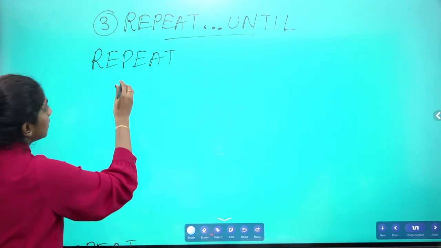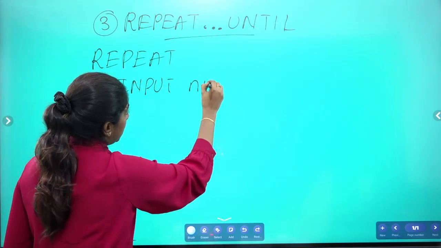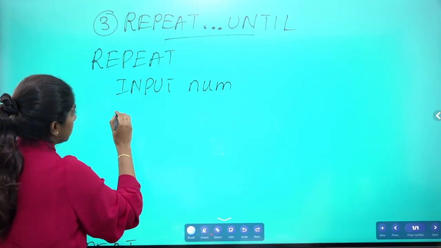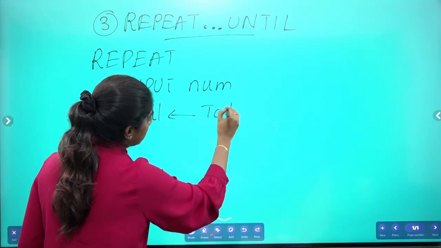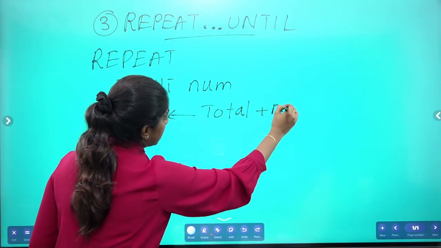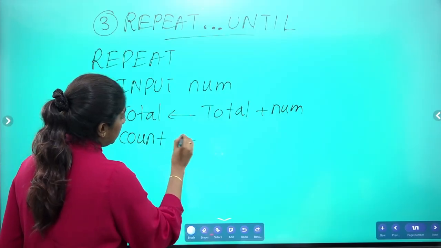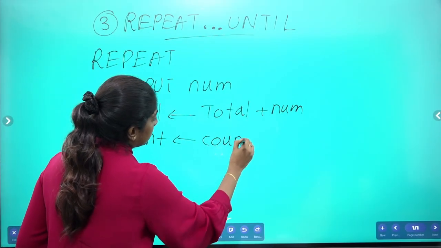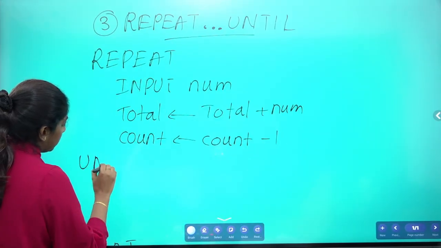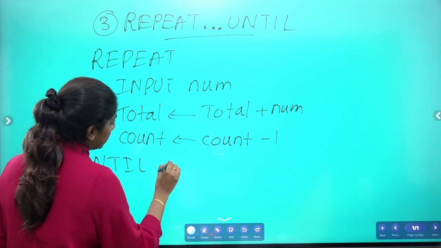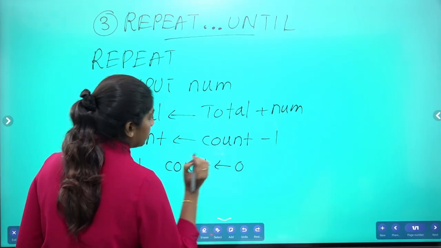Repeat: input number, total equals total plus number, count equals count minus 1, and I can say until count equals 0.